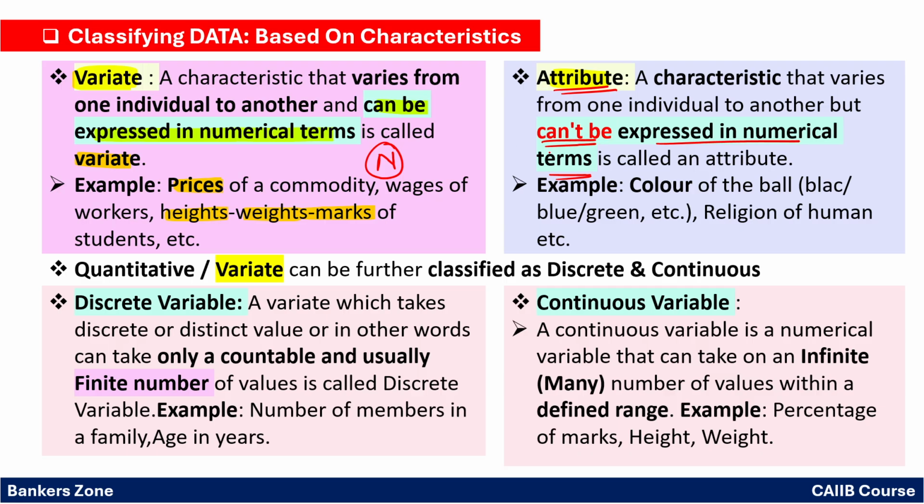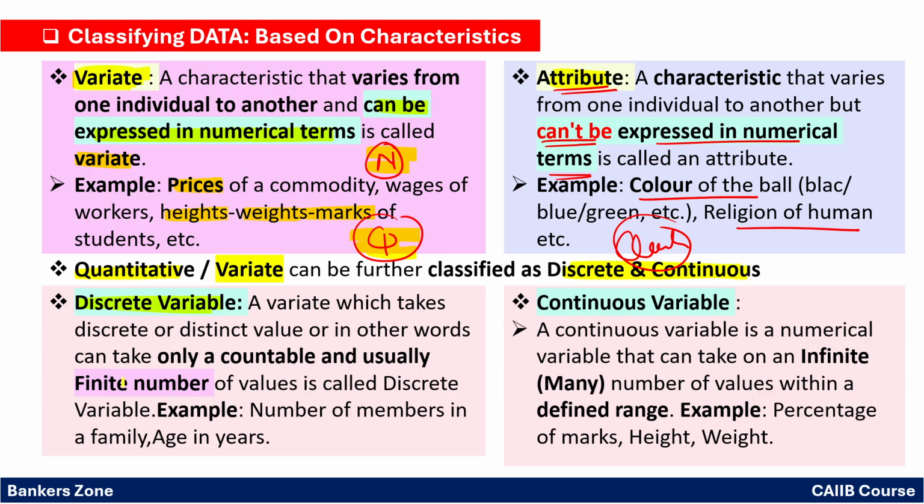For example, the color of a ball, the religion of a human, etc. Very simple. Now further, a variate is the quantitative data and an attribute is the qualitative data. So a variate is also called quantitative data, it is the numerical data. The quantitative data or the variate, we can further classify into the discrete or the continuous variable.